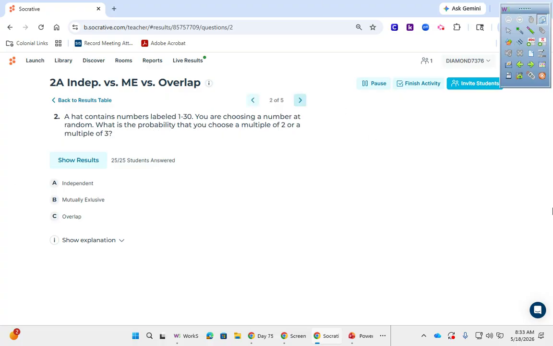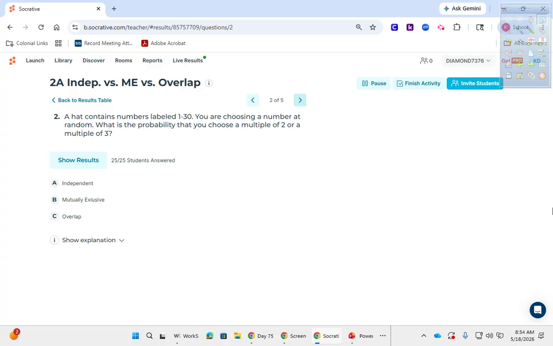So for the next one, it says, a hat contains numbers 1 through 30. You are choosing a number at random. What's the probability you choose a multiple of 2 or a multiple of 3? How many cards are you picking? You are choosing a number at random. That's singular. You are picking 1 card. It can't be independent then, because I'm only picking 1.